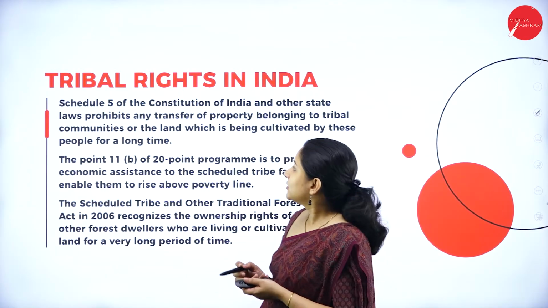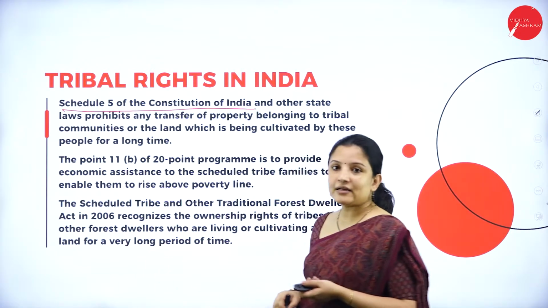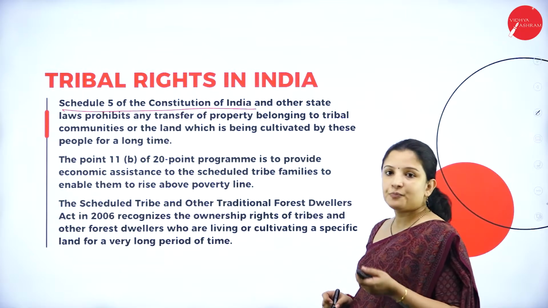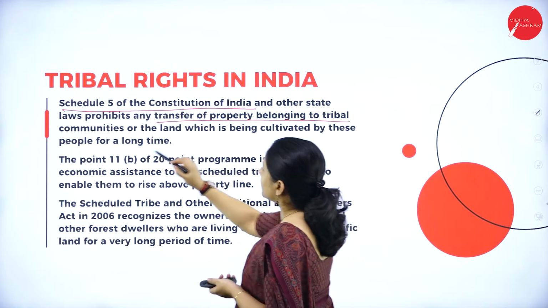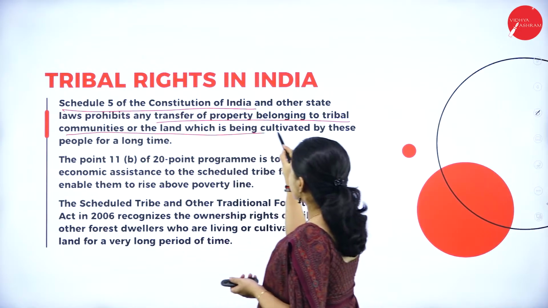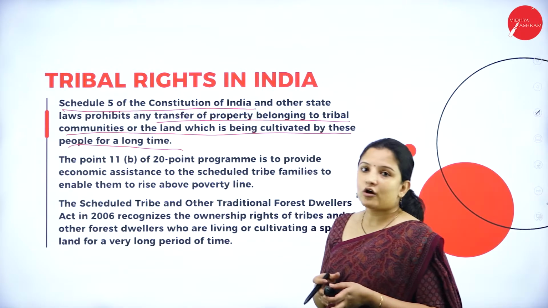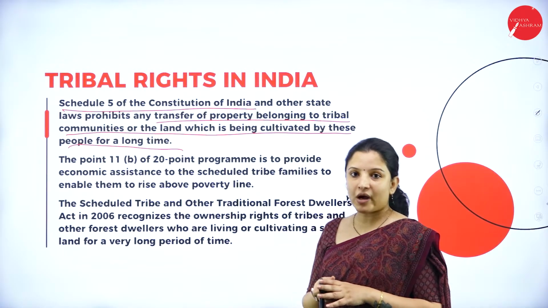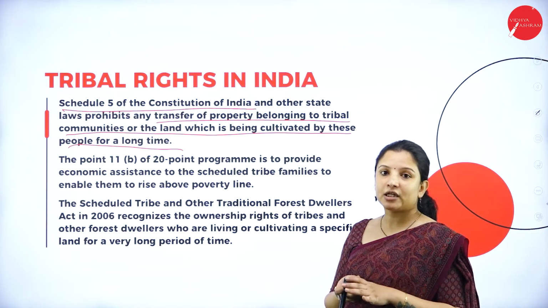Next is Schedule 5 of the Constitution of India and other state laws. It prohibits the transfer of property belonging to the tribal community, or the land which is being cultivated by these people for a long time. Because, as I told you, the tribal people are quite innocent, what will people of the higher communities do?